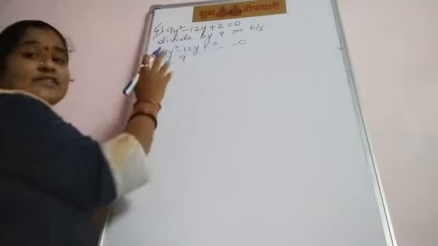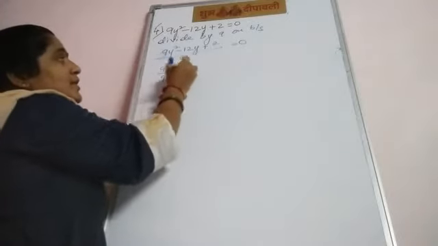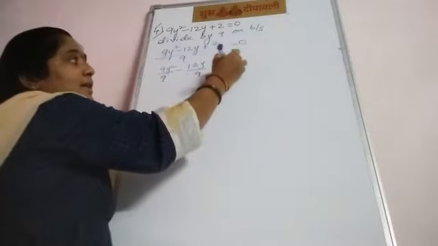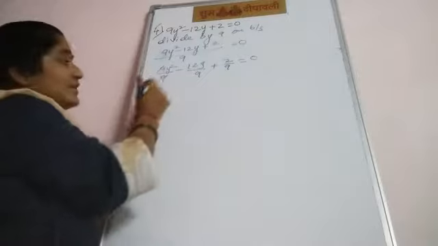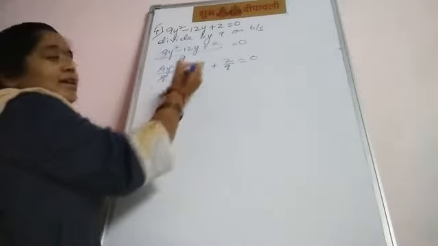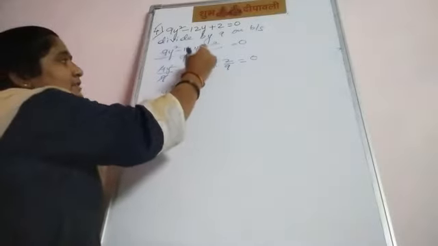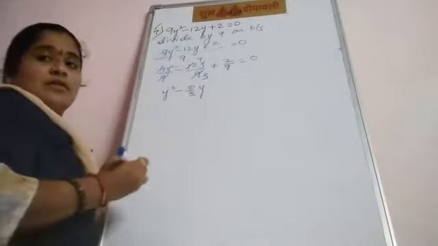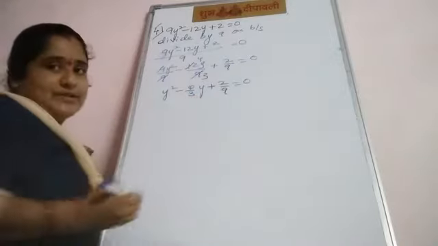Now here I will separate the terms. 9y²/9 - 12y/9 + 2/9 = 0. 9 gets cancelled. For y², here it is possible to say, in the 3 table, 3 3s are 9, 3 4s are 12: y² - (4/3)y + 2/9 = 0.